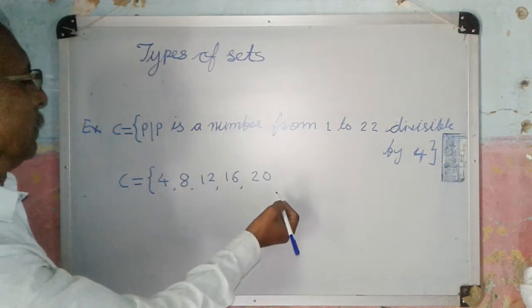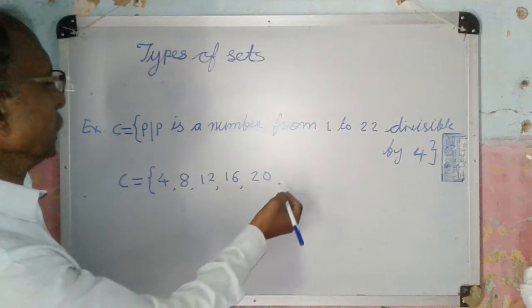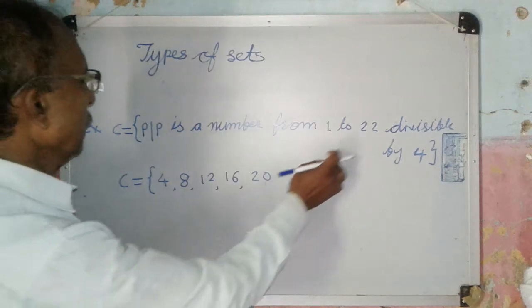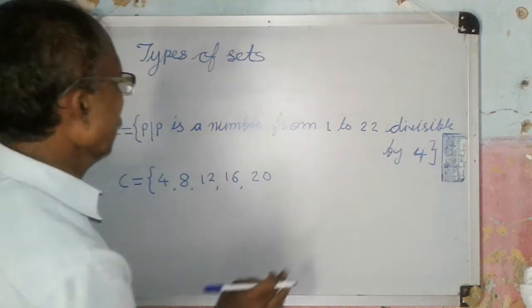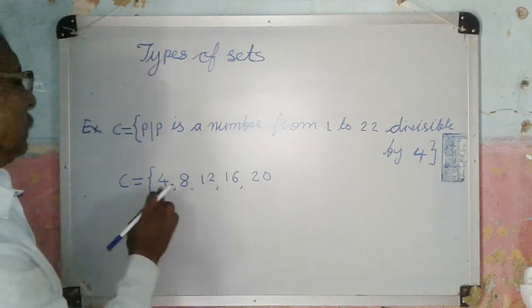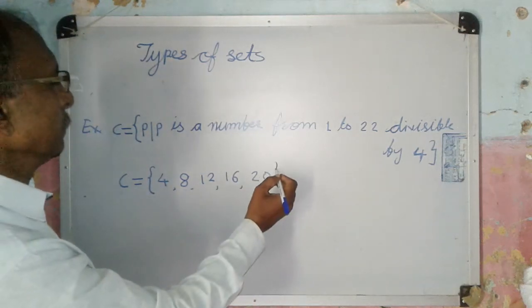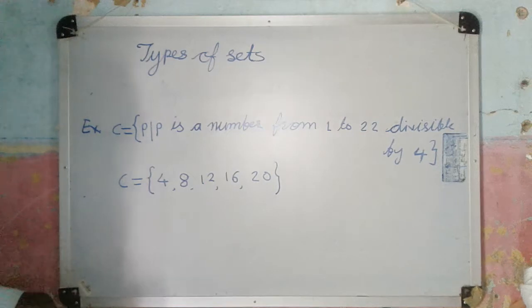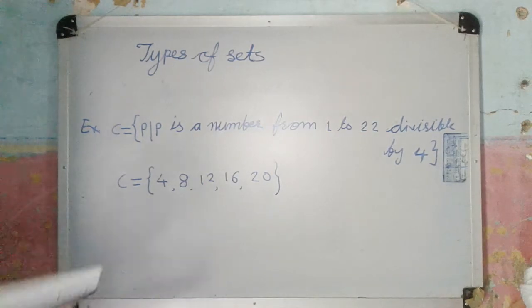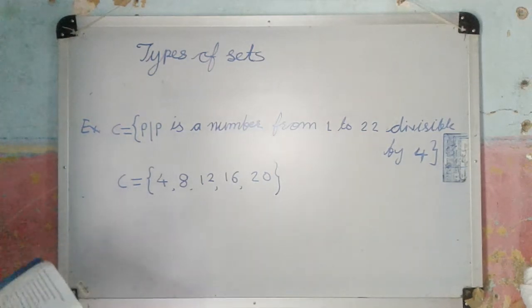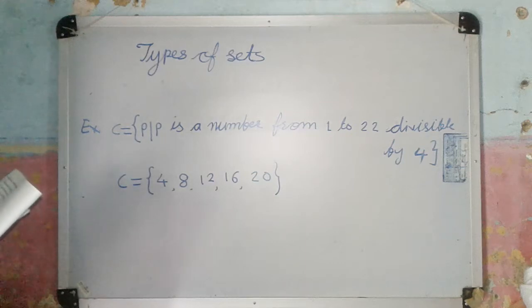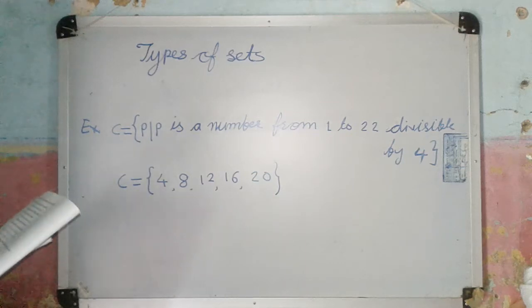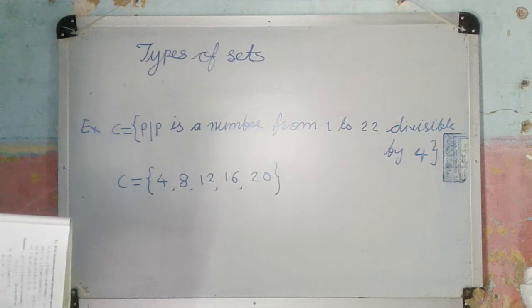And the next number divisible by 4 is 24, but 24 is greater than 22. So the elements are only up to 20. These are the elements divisible by 4 from 1 to 22.